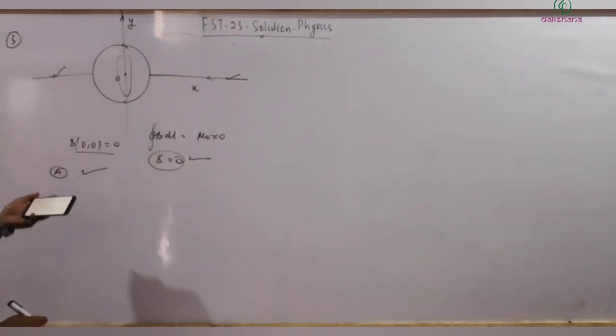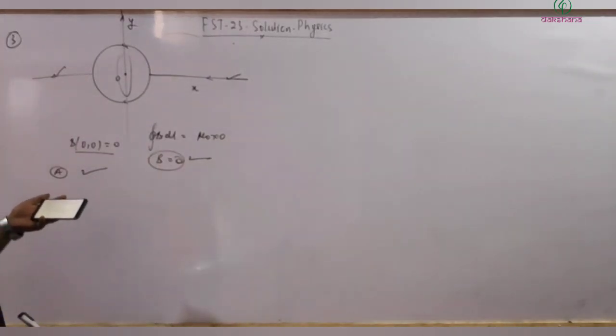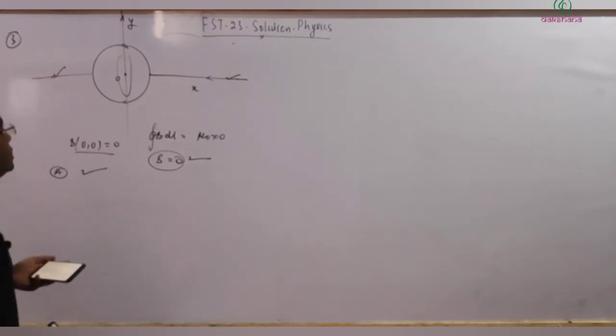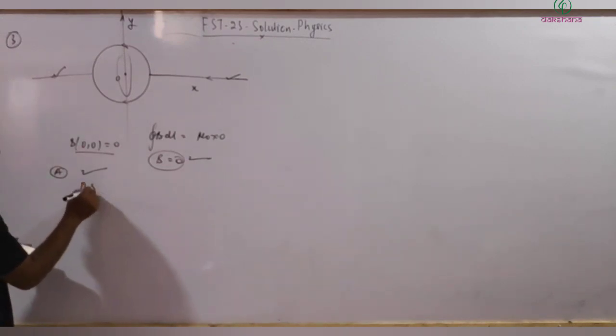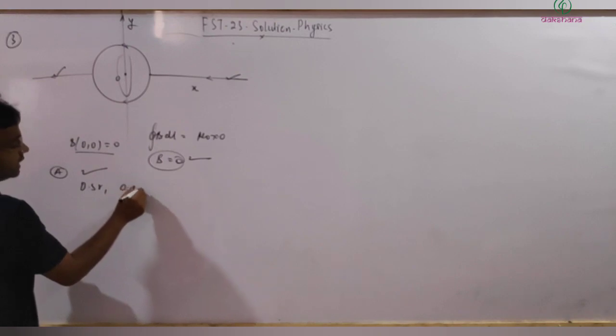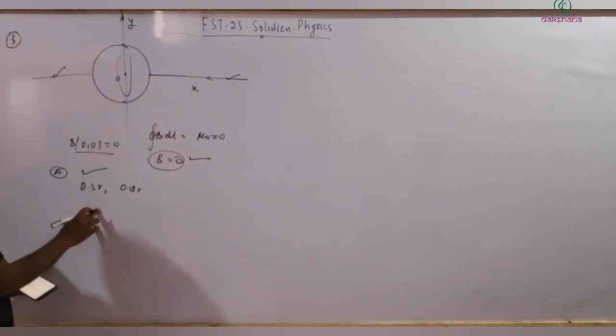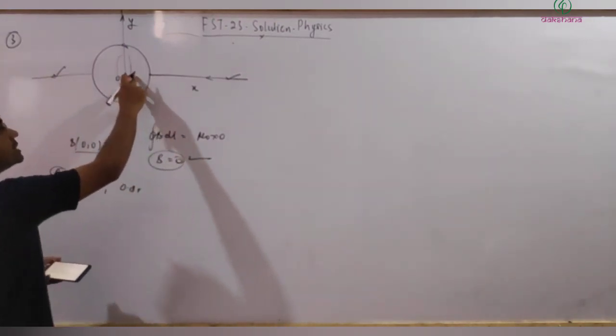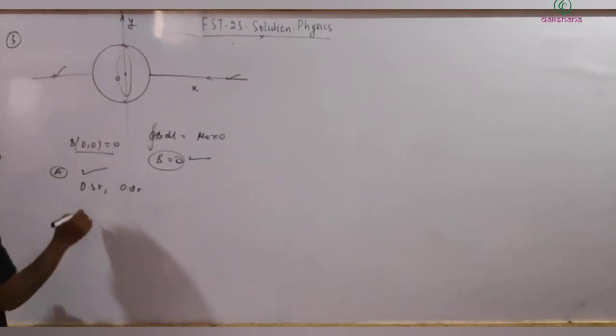Next point, at (0.5 r, 0.8 r). Let's see first what the distance is, whether it's lying inside the sphere or outside.